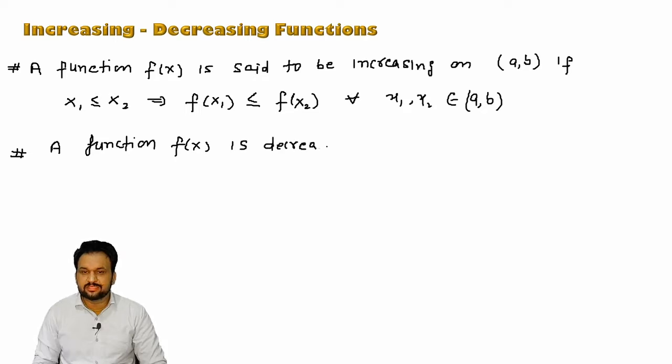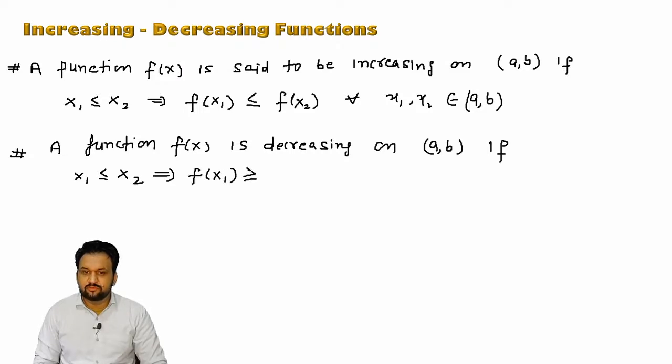But if we are talking about a decreasing function, you can say that a function f of x is said to be decreasing on some interval a to b if, again, you have some point x1 and that point is less than x2, but this time, if you substitute x1, it gives you a greater value as compared to x2, clear?